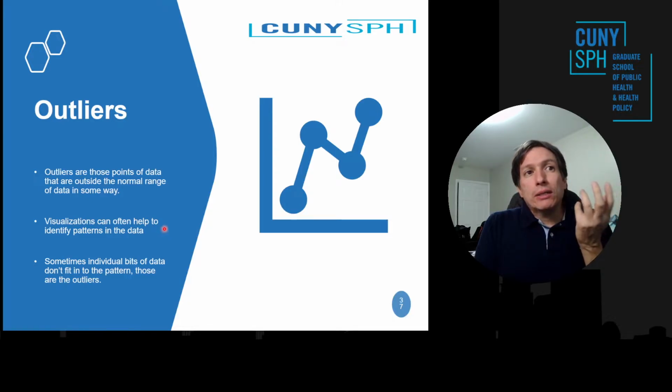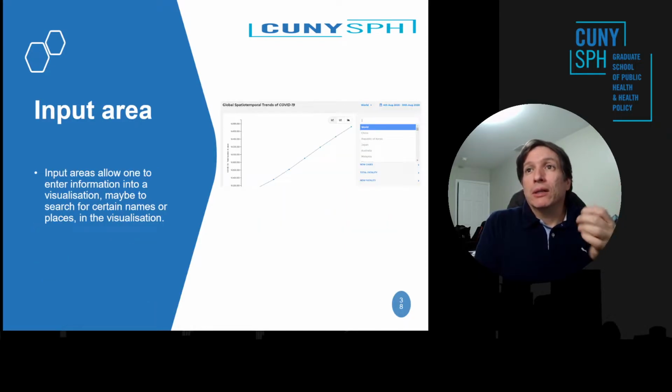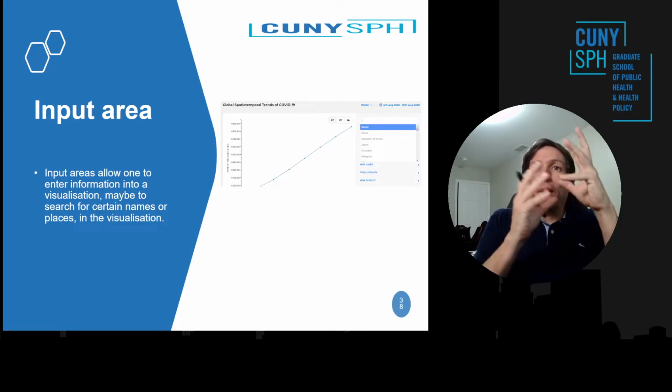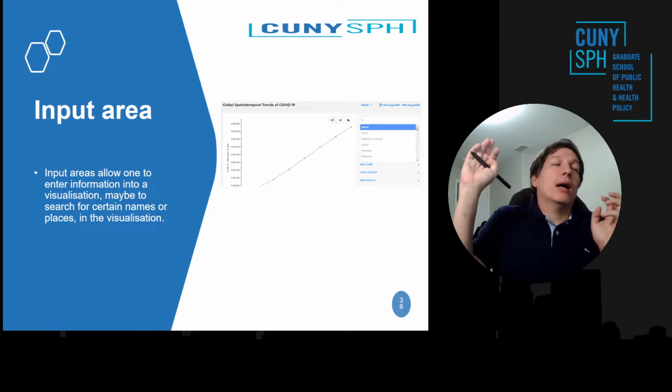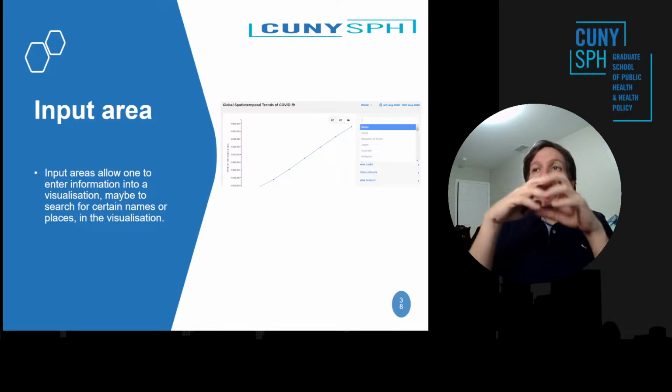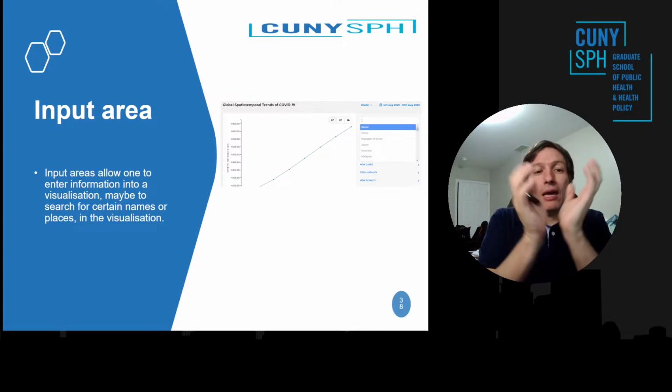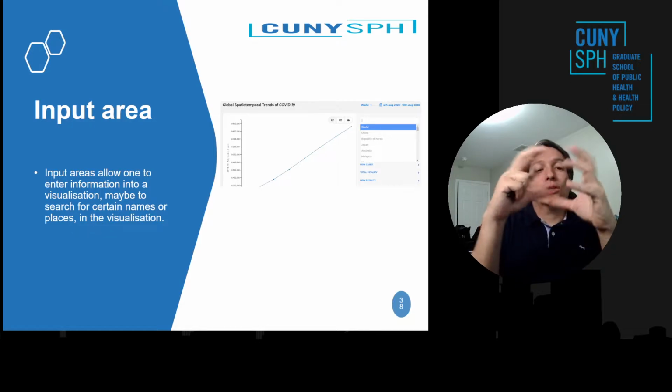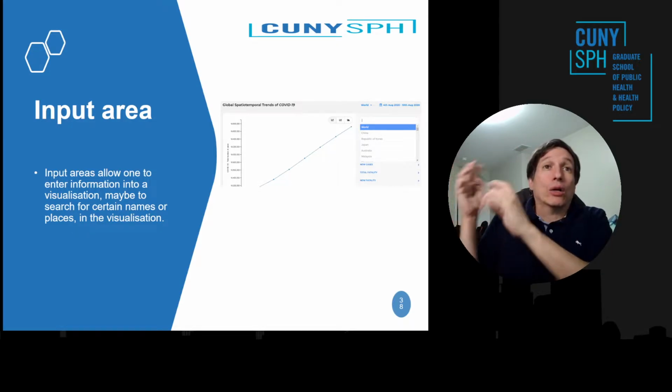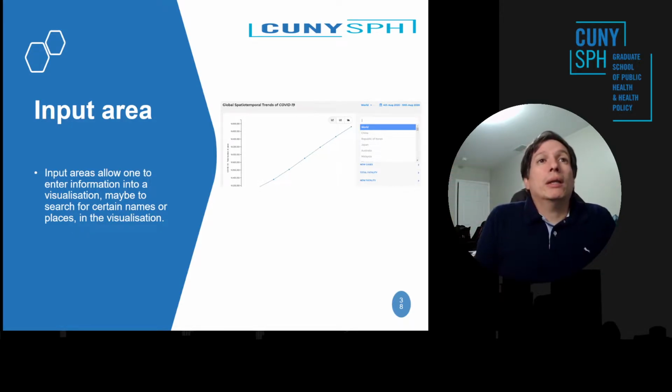Sometimes individuals fit in the pattern, and those that don't fit there are the ones that we call outliers, because we can have a pattern and say, oh, this is described by the formula, or I have this area that is describing the group, and that's the cluster, and somebody outside is going to be the outlier.